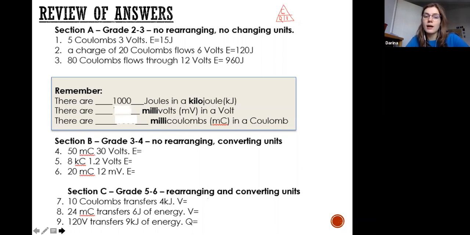How many millivolts are there in a volt? Does anyone have any ideas?